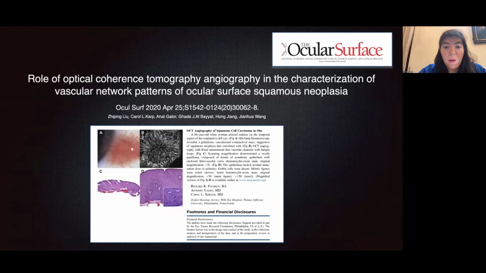This is a beautiful image of an OSSN, showing it clinically in A, and in B its OCT angiography with the florid intratumoral thin vascular channels within the loops. And I think it's just a beautiful way to demonstrate what we could be assessing in the future.